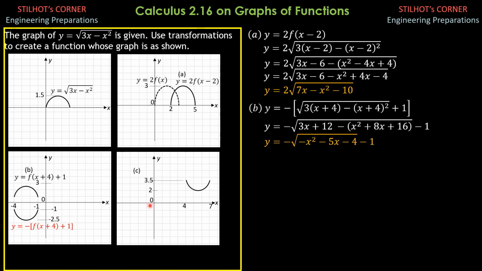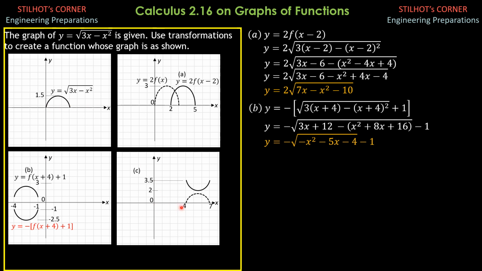Then next, the equation of this curve, let's find out. We have to shift the graph here like that, and the equation would be y equals f of x, shifting it 4 units to the right.